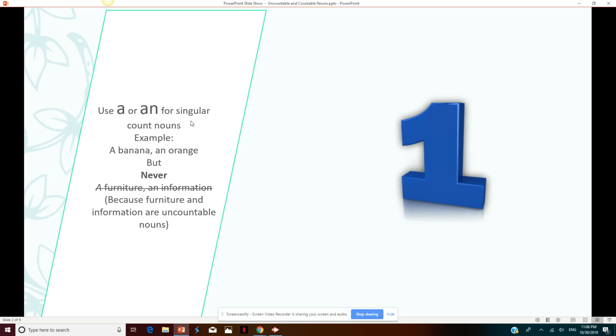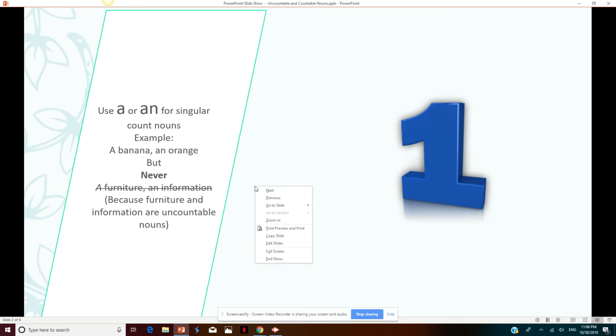Now, I can never use a or an right in front of an uncountable noun, because the rule in English is that uncountable nouns never have a number before them or the articles a or an, and we can never put an s or make a plural with these nouns.